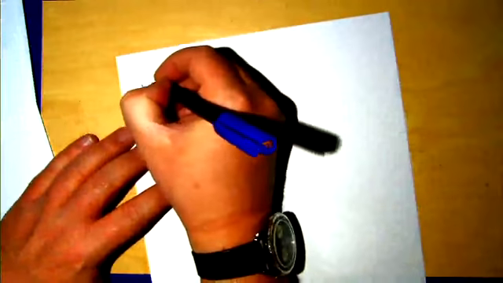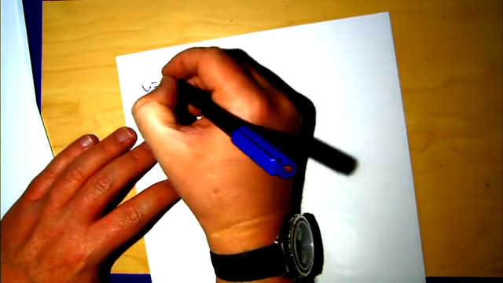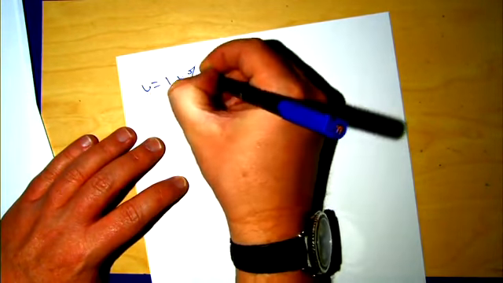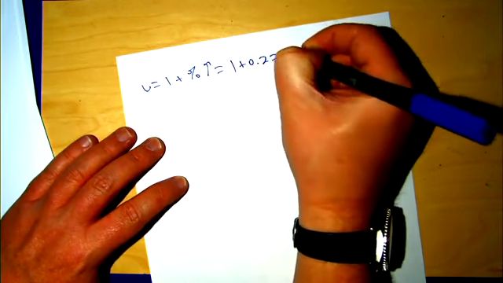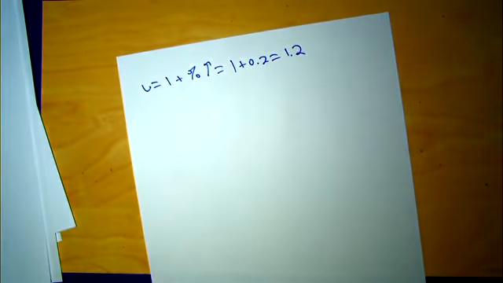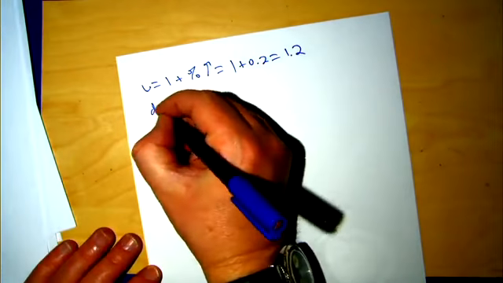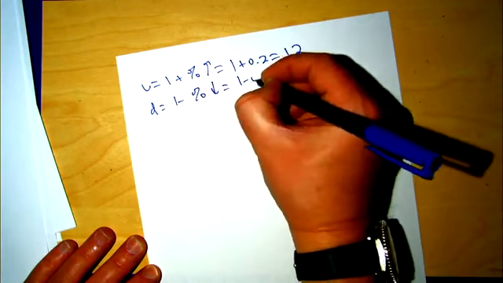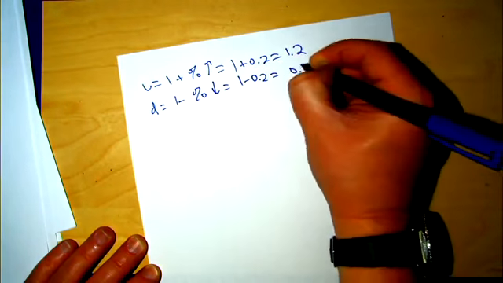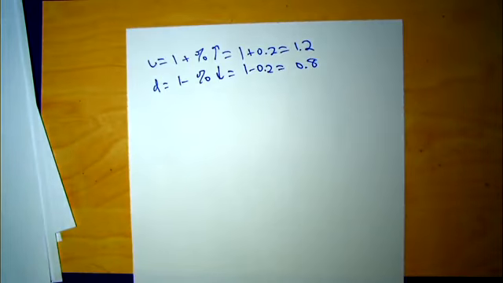So U, because it's a percentage increase, is just 1 plus the percentage increase. So 1 plus 0.2, U is going to be equal to 1.2. D is 1 minus the percentage decrease. So 1 minus 0.2 gives me 0.8. So those are my values for U and D.